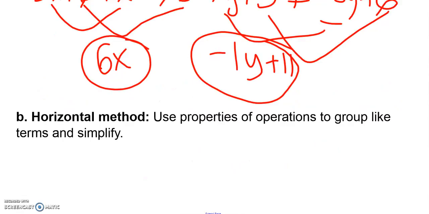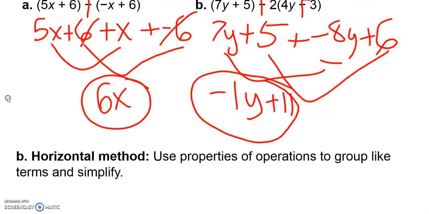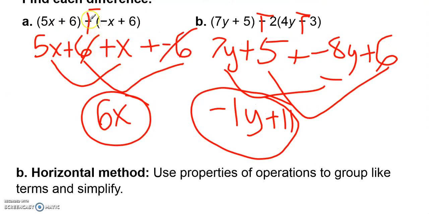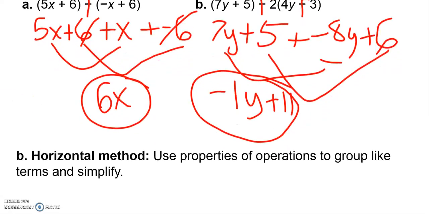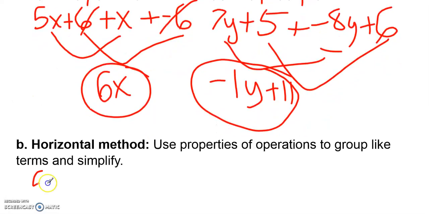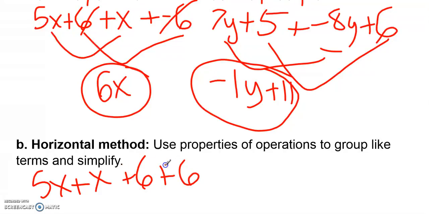Not that hard. Use properties of operations to group like terms and simplify. Well, I think that is what we did. We used properties of operations. So we used like add up and stuff, and we grouped. I didn't end up grouping it, so I guess I can here. So 5x, that'd be 5x plus x, and then plus 6, well, plus negative 6.